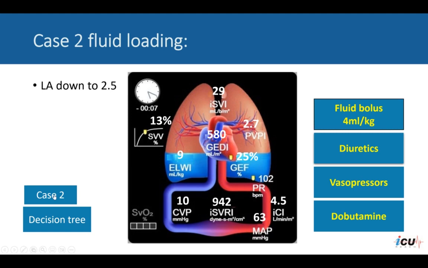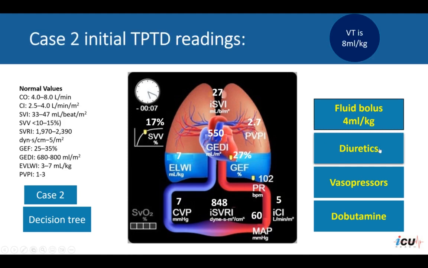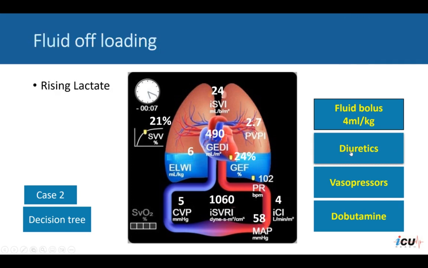So if we go to the baseline again, what if someone has decided to give this patient diuretics for whatever reason? Well, you're going to worsen his stroke volume variation, you're going to decrease the global end diastolic index, and decrease the stroke volume. The cardiac index is now less, global ejection fraction is not much changed, and the SVRI is increased.